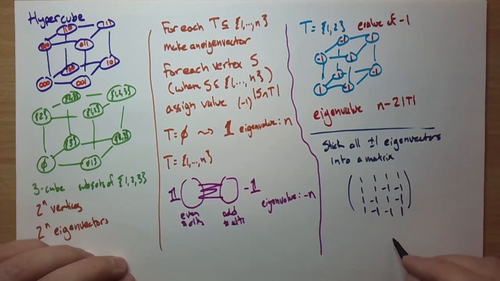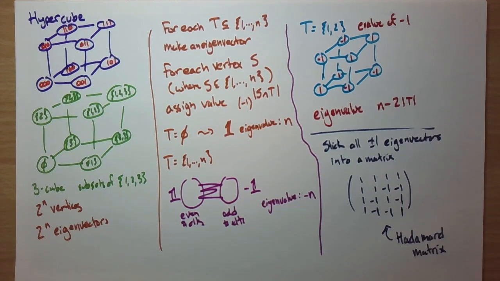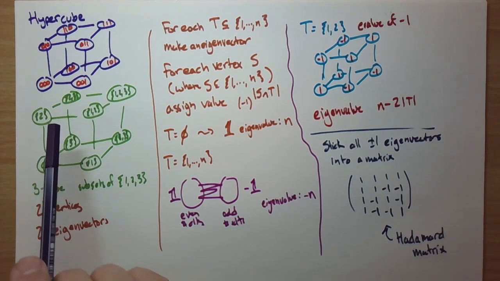And this is an example of a Hadamard matrix. This is, again, another structure that's been extensively studied and people care a lot about. It turns out that the simplest Hadamard matrix corresponds with eigenvectors of the cube.